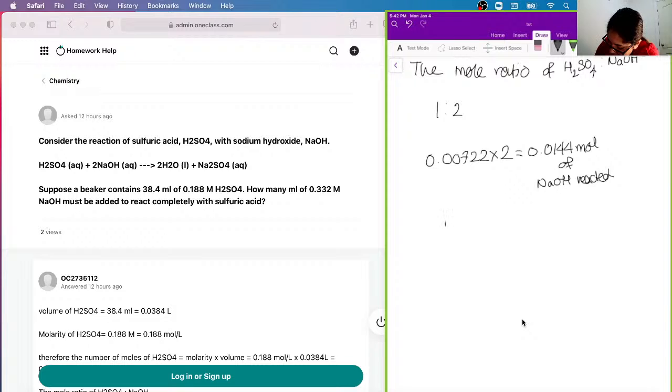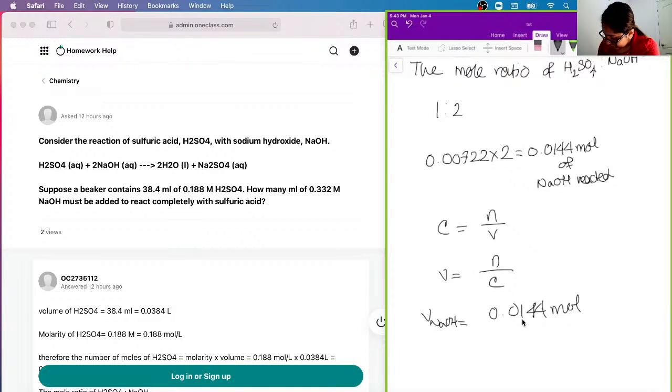Since molarity or concentration is equal to n over V, volume would equal n over C. So the volume of NaOH: the moles that we have is 0.0144 moles, and the concentration that is given is 0.332 moles per liter.